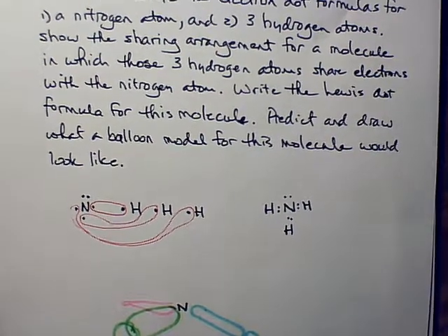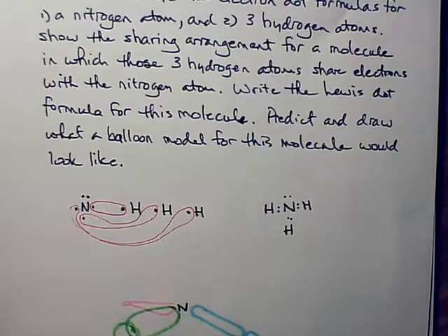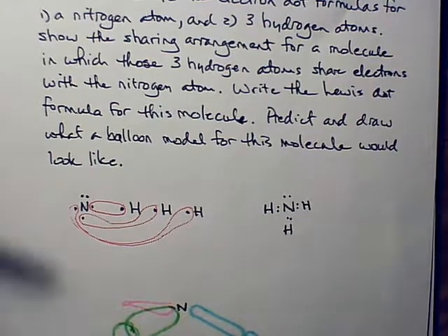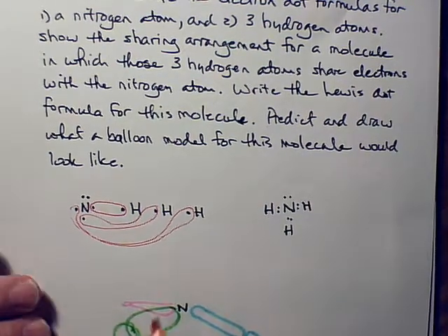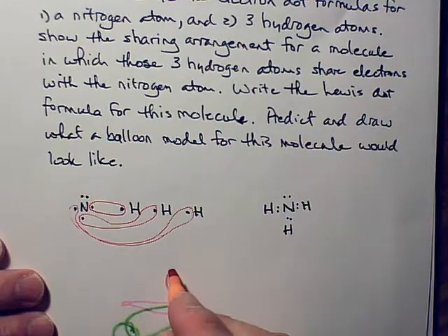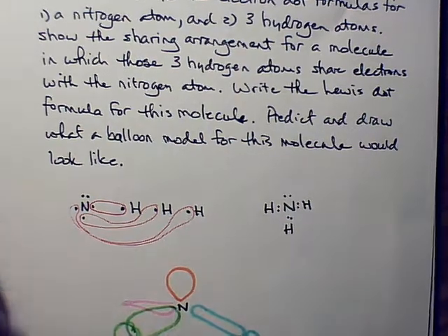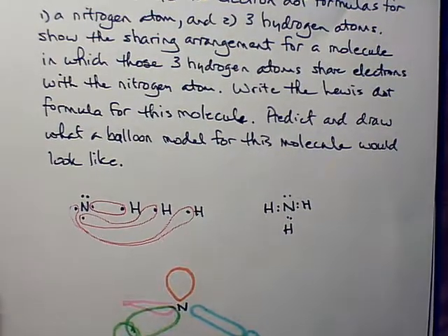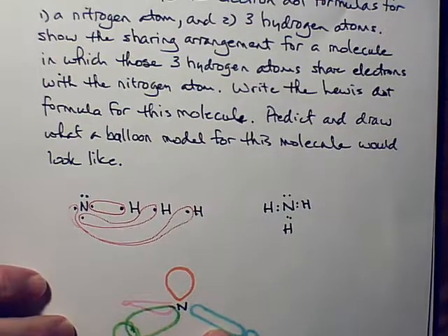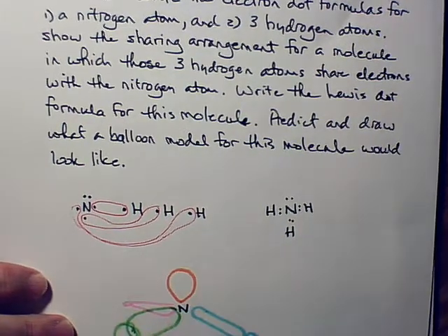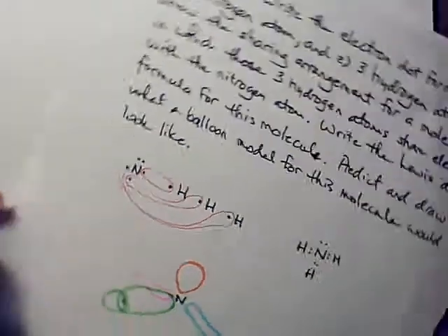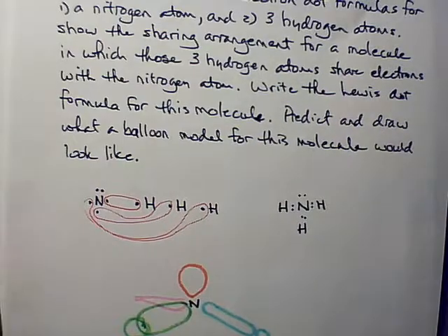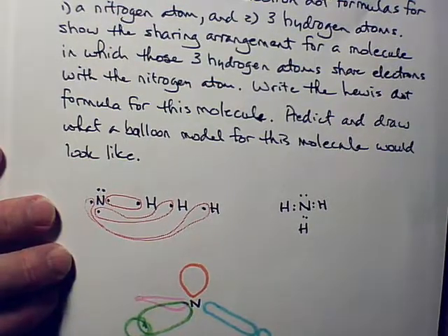Now you don't have to have it drawn in perspective like me, okay? You just got to have 3 long balloons around the thing, and then you got to have a lone pair balloon, which is the round balloon up here somewhere else, okay? That's 4 things around the central atom. You could have put the round balloon down here and the other legs going some other way. But if you did it really the right way, if you turn it eventually, you'll get to pretty much the same drawing I have. Okay? Any questions about how that works?